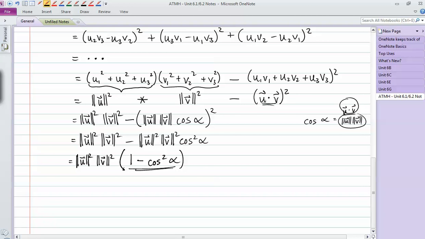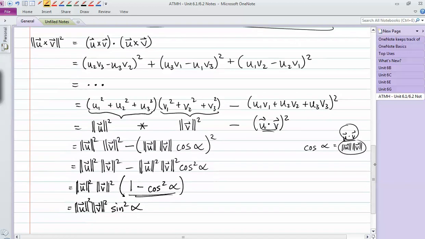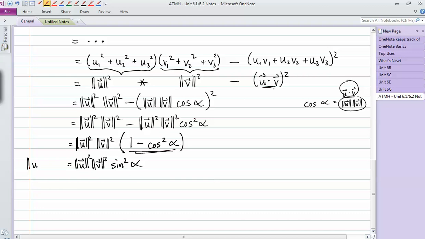So now this turns into magnitude of u, magnitude of v, squared, sine squared alpha. And remember, all this was magnitude of u cross v all squared. So I'm going to put that right here just so we have it. Let me take the square root of both sides. We know this stuff is all positive because it's lengths that I'm working with.